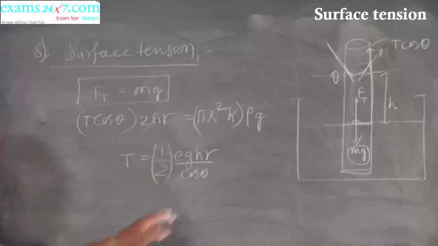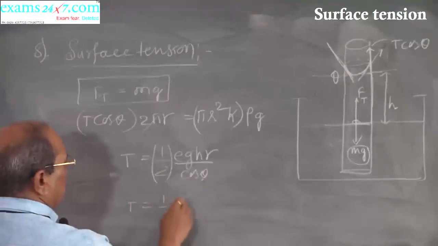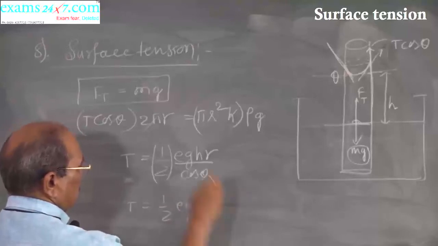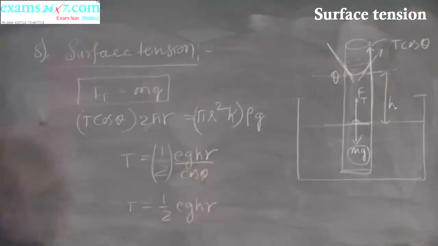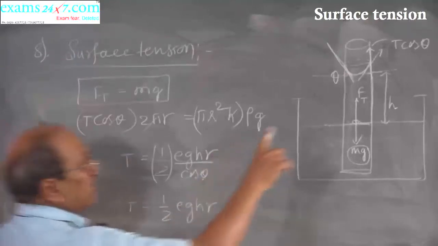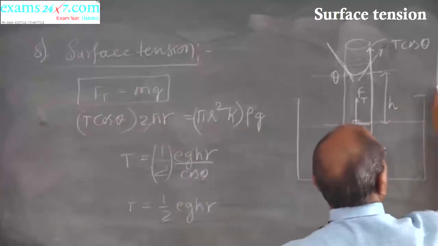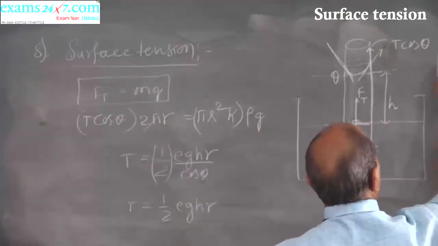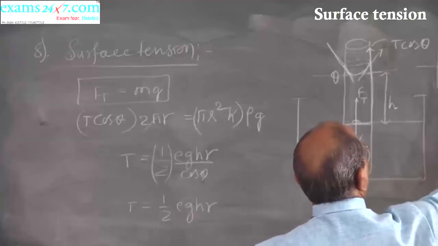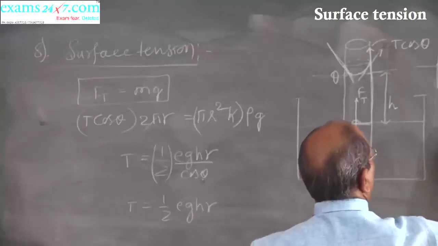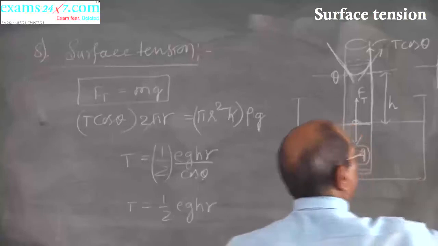For pure water and glass, theta is neglected, and we take the relation T equals half rho g h r. In case of pure water and glass, where theta is assumed to be 0, cos 0 becomes 1. But here there is a small meniscus correction also considered in some cases. We take the height to the lower point. This column height h dash is taken as r by 3.